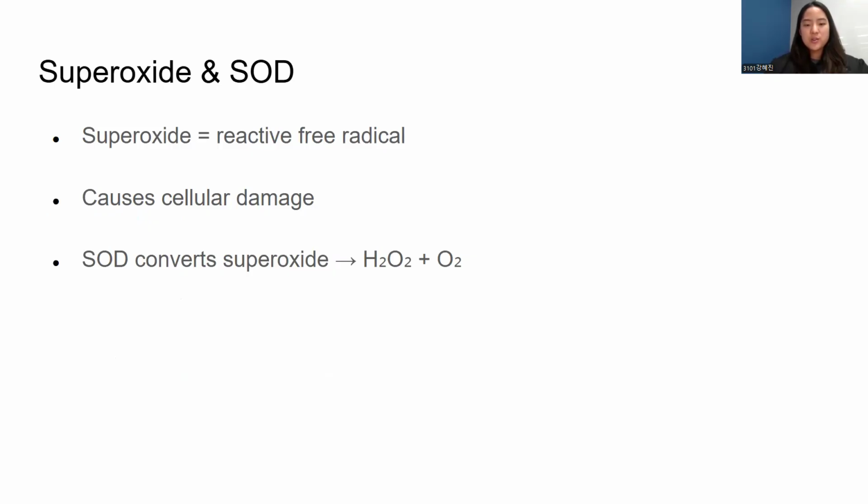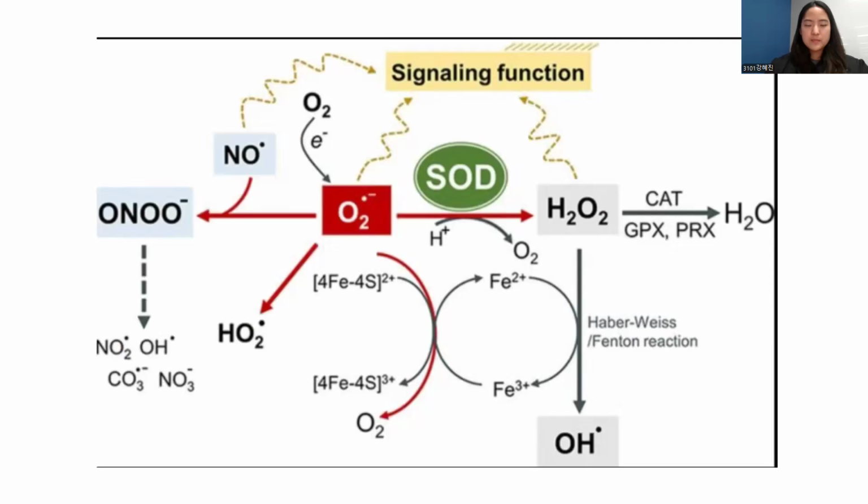The peroxide here is also toxic, but less toxic than superoxide, so it will be detoxified later by catalase or peroxidases. This diagram shows how superoxide is converted to peroxide by SOD. And this is also used in cell signaling.